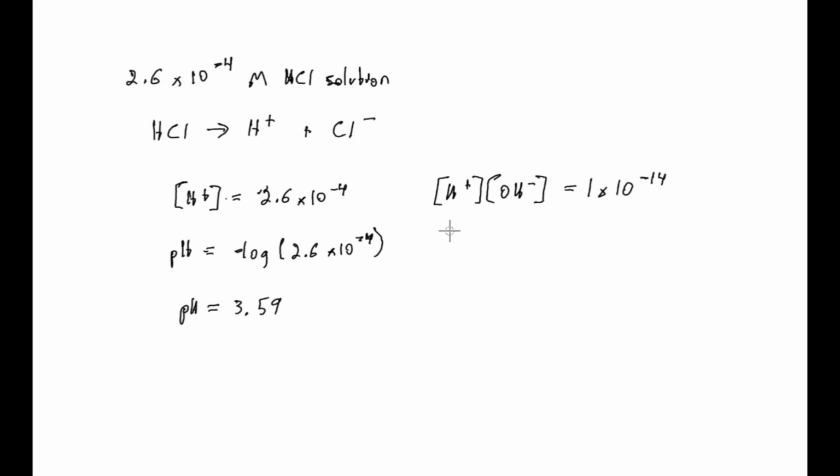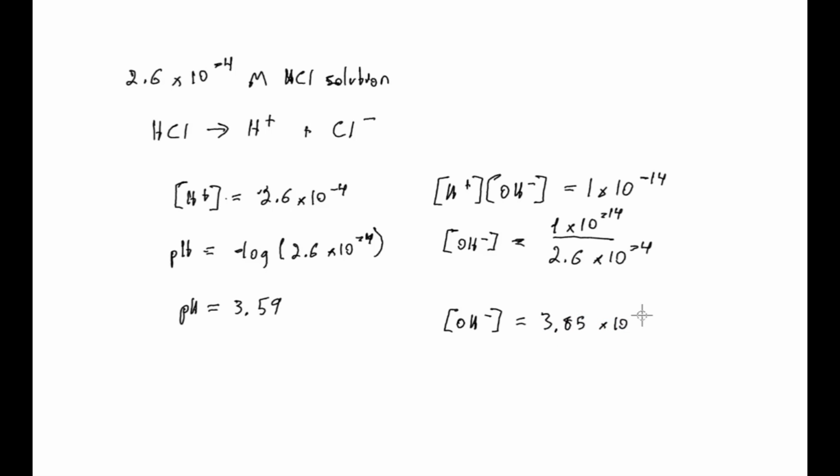Using that equation, we should be able to solve for the concentration of OH minus, which would be equal to 1 times 10 to the negative 14 divided by 2.6 times 10 to the negative 4. And what we're going to get is that the concentration of hydroxide ions is equal to 3.85 times 10 to the negative 11.